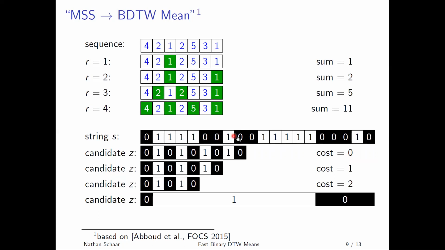And now, why couldn't we choose the 1 actually? Why can we not choose this 2 to make an error and this 1 to make an error? So to do this, we would have to align this 1 block here to this 0 block, and then we would have to align this 0 block here to this 1 block. But you can see that then we have no blocks left to align this block of size 5.